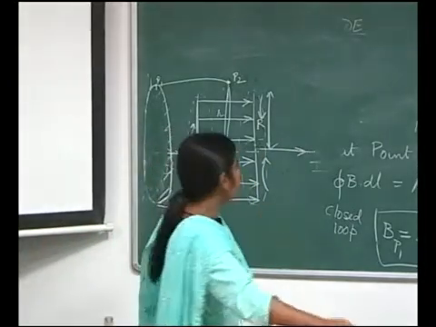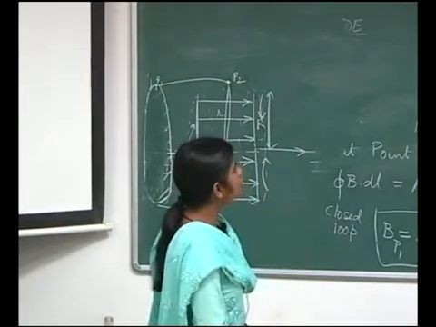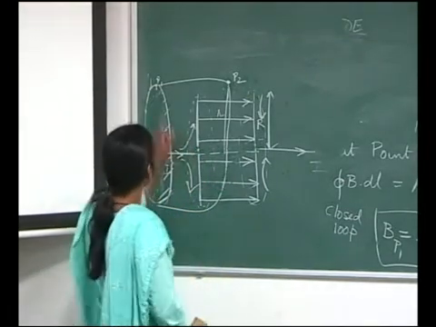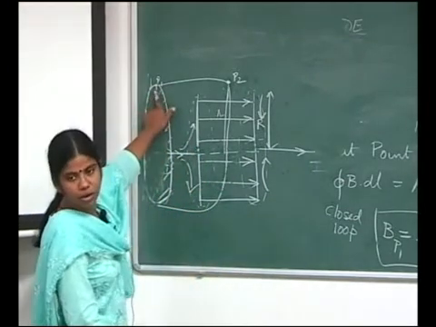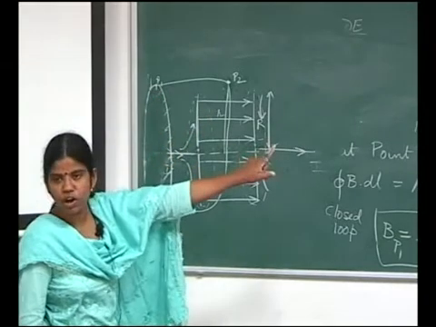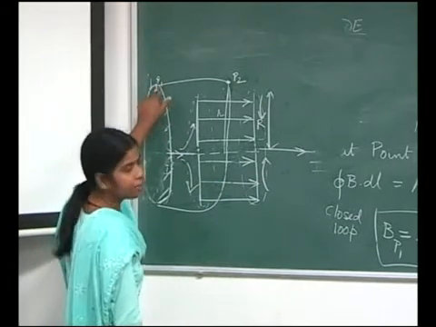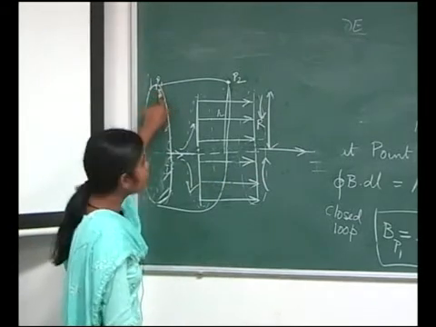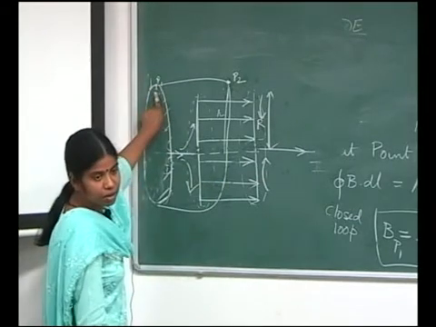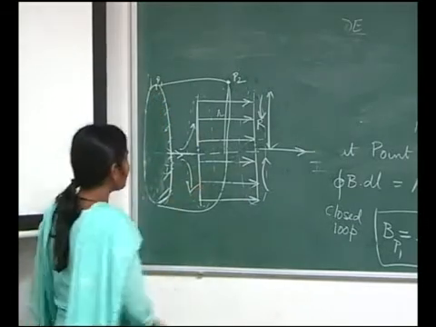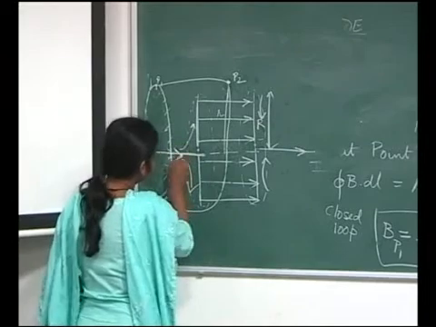Okay. So, now let us see the point P1. Now, we want to calculate using this law. This is my Ampere's law. I want to calculate the magnetic field at point P1. At point P1 there is no changing electric field, there is only a current carrying conductor.